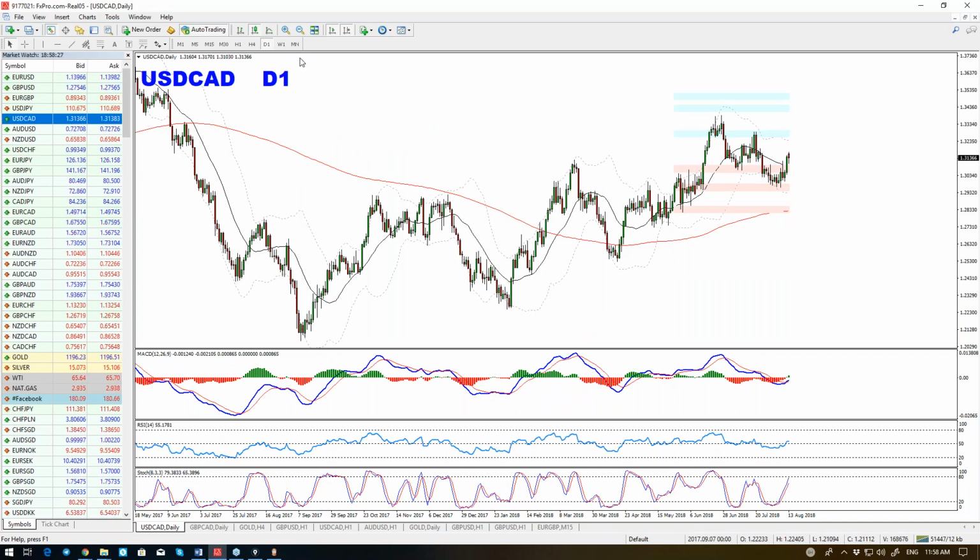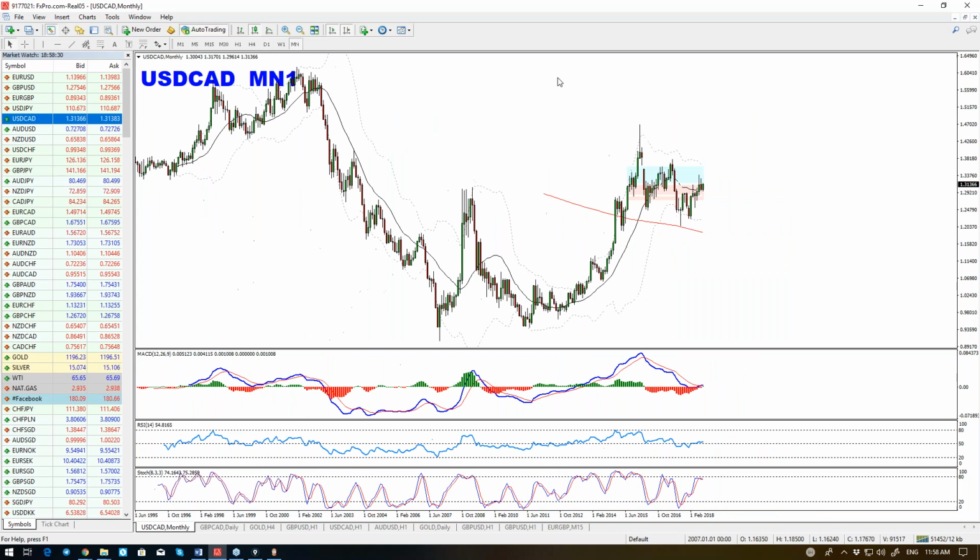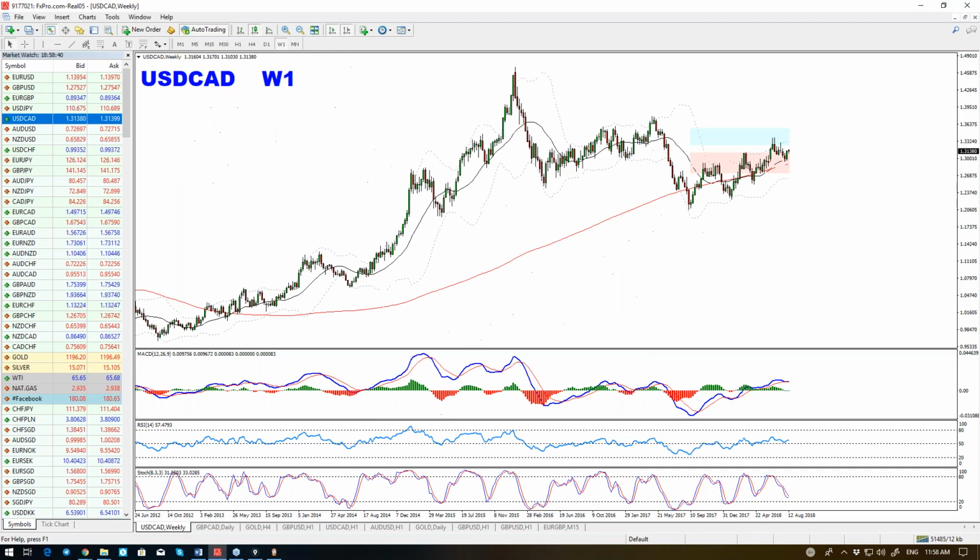Dollar CAD, now this is a mystery. According to the monthly, we had a double cycle, which paid 38.2. Game over. We had two waves down on the weekly, which paid back here, 38.2. Game over.